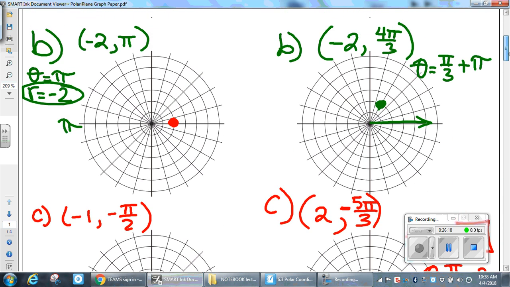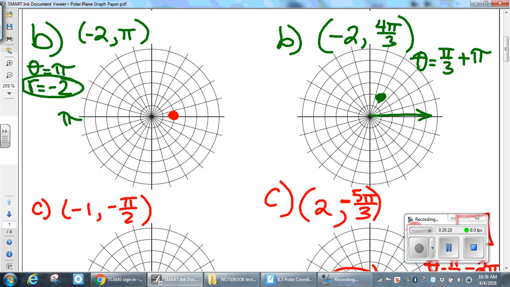The angle would be negative 2 pi over 3, so that will be here, if I go in this direction. And then we would have to make R negative 2, and that will also be another good representation.